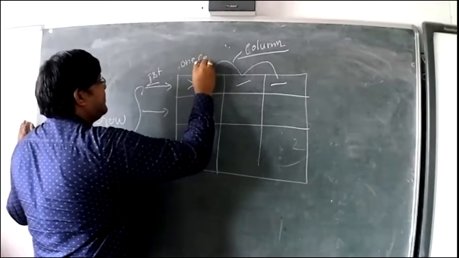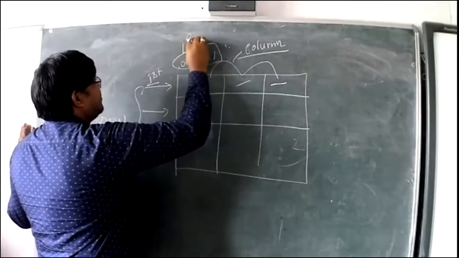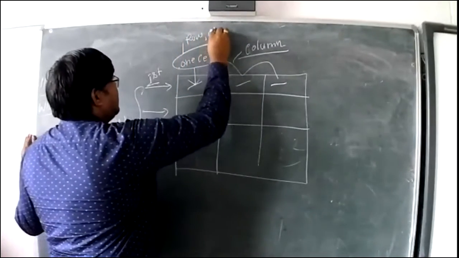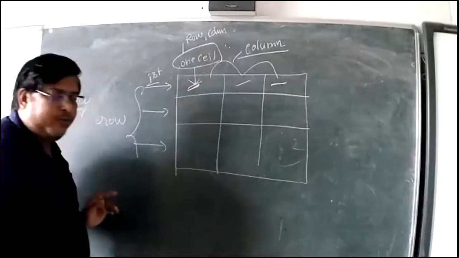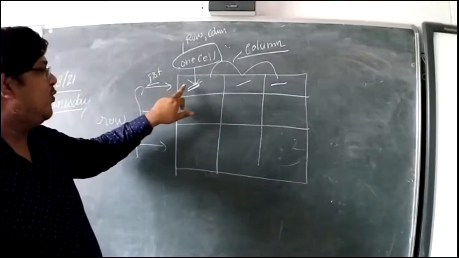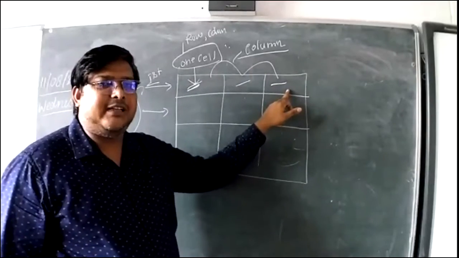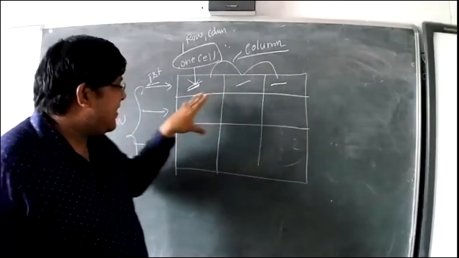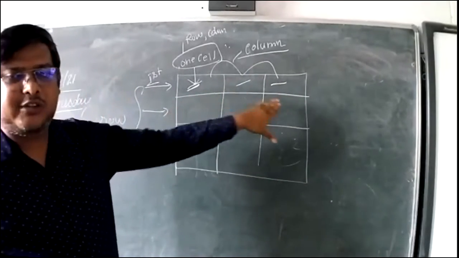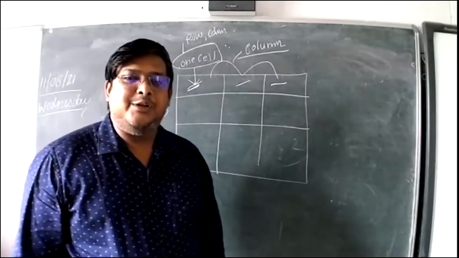This is one cell, and it is an intersection of row and column. So in the first row we have the 1st cell, 2nd cell, 3rd cell. The same in the second row, we also have 3 cells, and in the 3rd row we also have 3 cells.